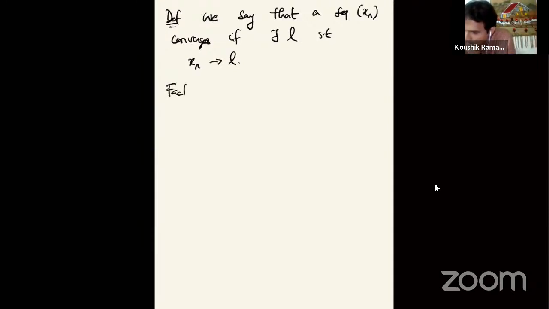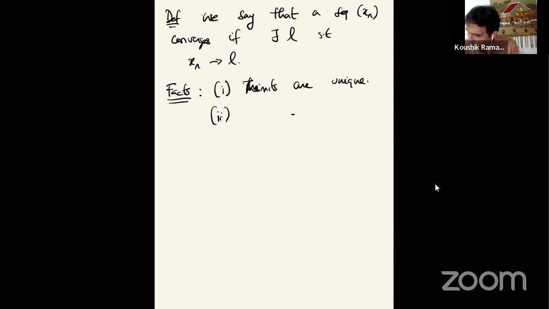So some basic facts. If xn converges to L, then limits are unique. There is only one number that it can converge to, right? So you are aware of this, right? That you can prove this: if there is a sequence that converges, then it can have only one limit. Okay.